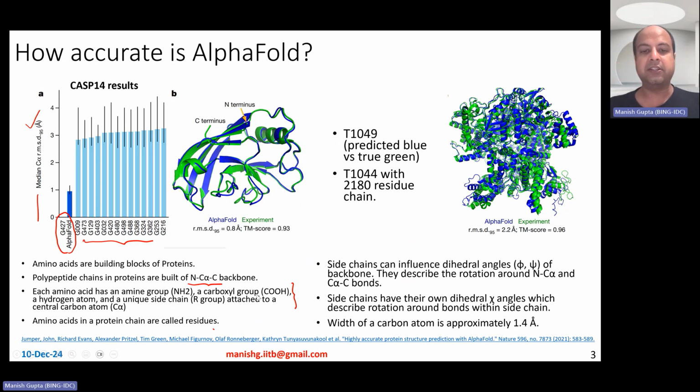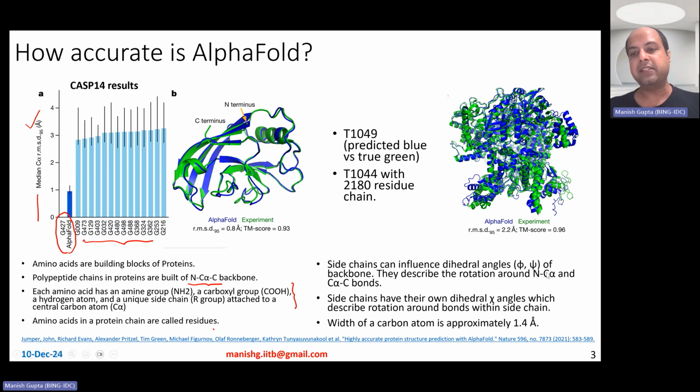All of these other groups form side chains, and these side chains can influence the dihedral angles, as they're called. Now there's an N, C alpha, and C. The angles between these three atoms are popularly called phi and psi. They are given those specific names, and they're called dihedral angles. These side chains can influence these angles between N, C alpha and C alpha, C.